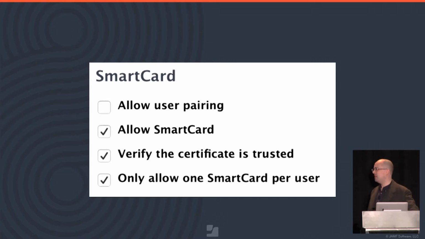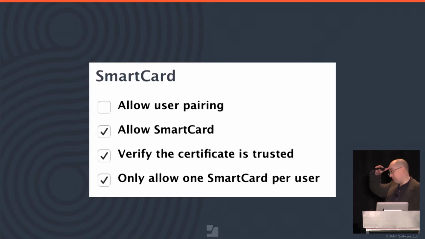Allow smart card is exactly what it says it is. By default, verify the certificate is trusted is off on CTK stuff, but it is on permanently on the token D stuff. This is why I had you install the root CA stuff earlier. Why Apple has that off by default, I am not sure, because it doesn't seem to make security sense to me, so I always turn that on.